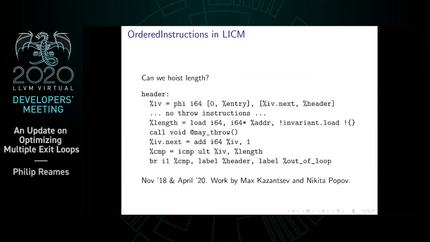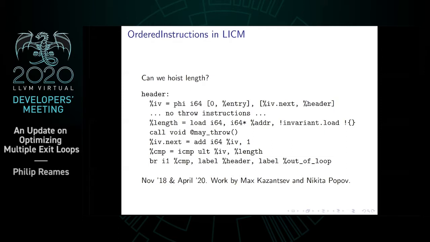In the example here, we've got a branch that is conditional on a simple induction variable and the load of a length from an invariant memory location. The challenge for LICM is that it has to be able to prove that we can hoist this load without introducing a fault to the program. And historically, LICM essentially gave up if it encountered any exceptional instruction in the loop that might result in an exceptional exit from the function.